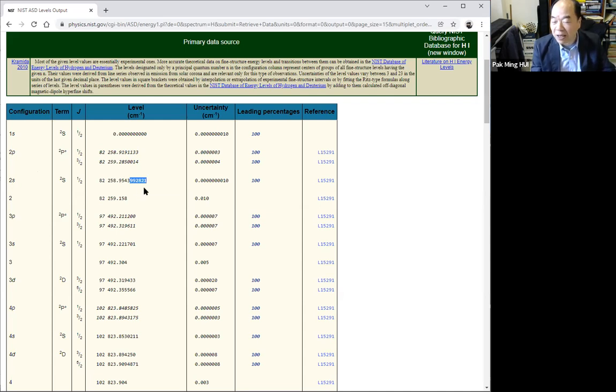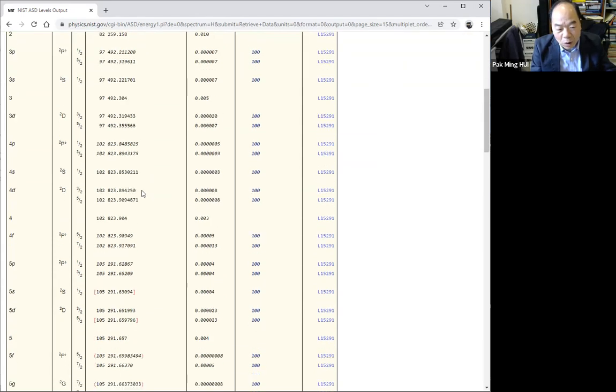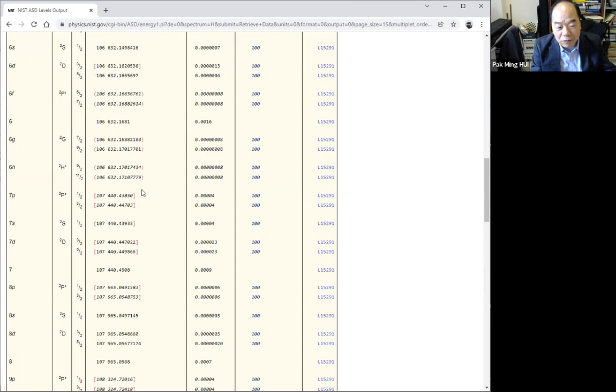So spectroscopy is a not too expensive way, but highly accurate method to determine the energy levels by measuring transitions, spectral lines. And then you see there are 2 numbers for 2p. Again, I copied the first 4 numbers, and there are several remaining. And then all the way down, you have all these levels.